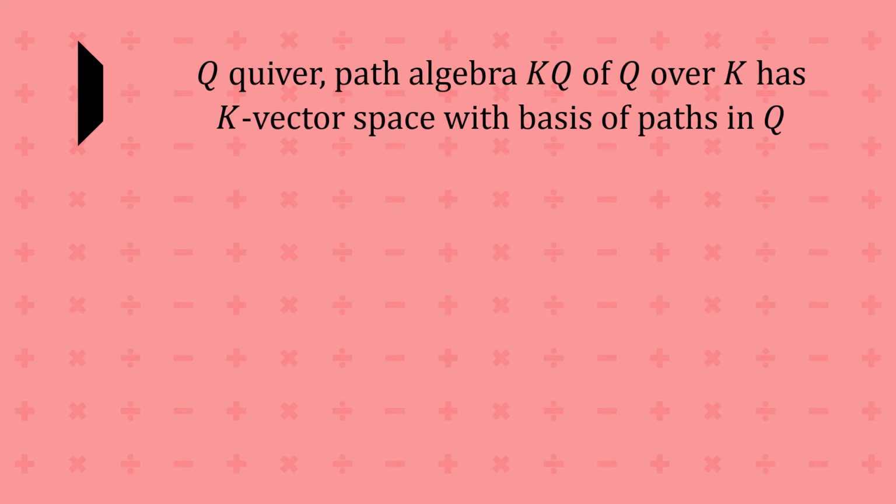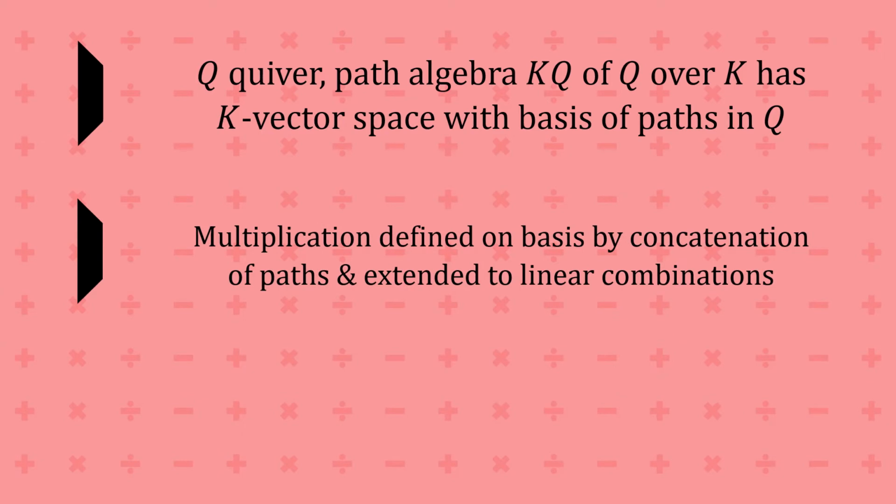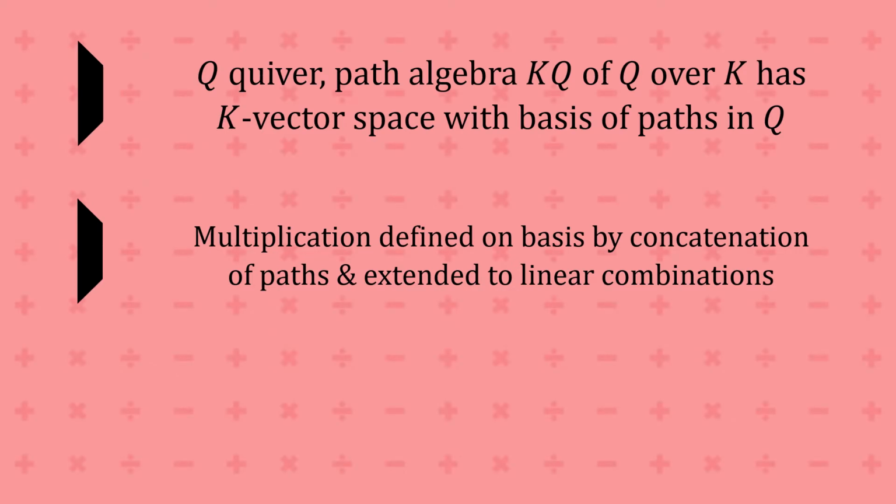Now we can define a path algebra. For Q a quiver, the path algebra KQ of the quiver Q over K has underlying K vector space with basis of all paths in Q, and the multiplication in KQ is defined on the basis by concatenation of paths, if possible, and extended linearly to linear combinations.